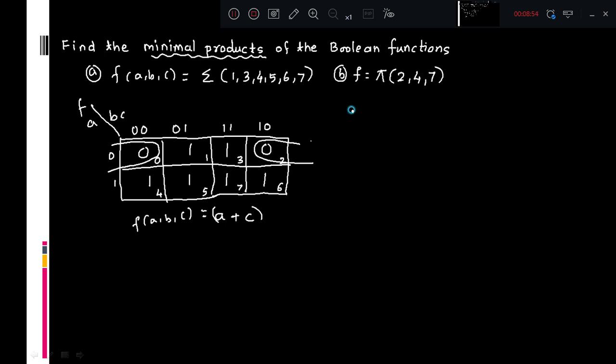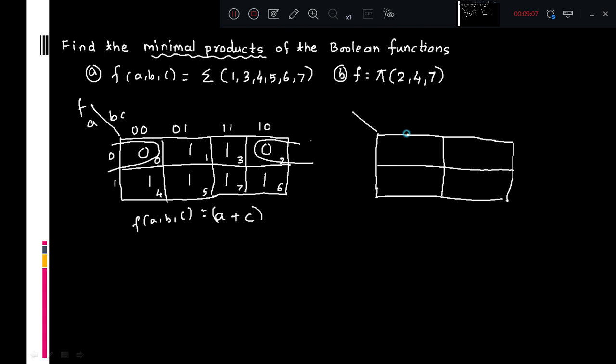Similarly, when you are asked to find minimal products, we need to group zeros. Of the second function, if you observe, cell numbers 2, 4 and 7 are 0, rest all cells are 1.